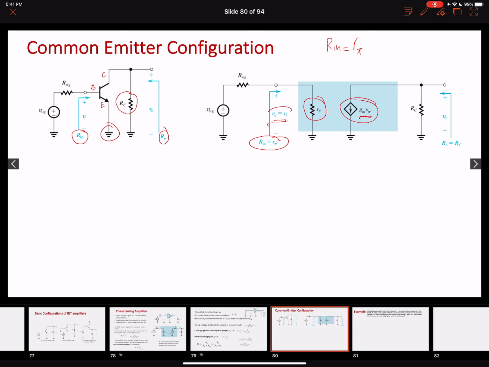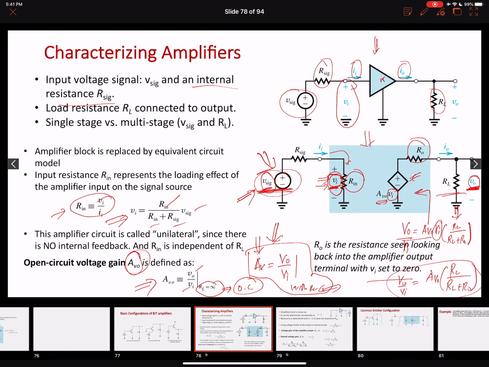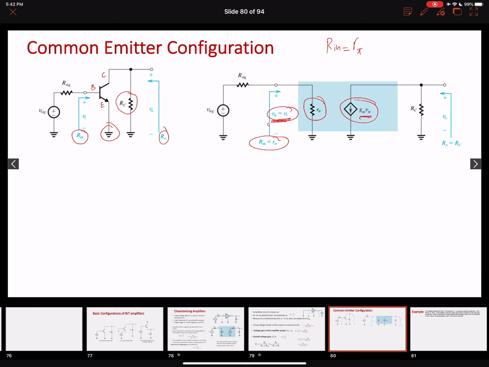Our input voltage is equal to V pi over here. If I want to make a one-to-one correspondence with this circuit, this was our input voltage, this was our input resistance, this was a voltage controlled voltage source. We know that our BJT amplifier can work as a voltage controlled current source. All right, so this is what we have.